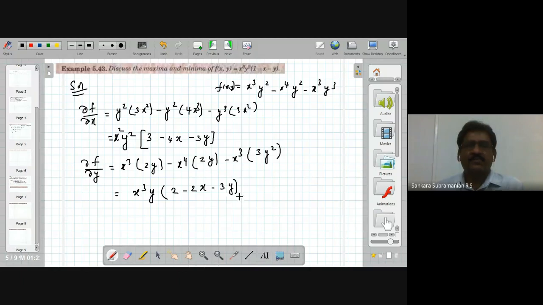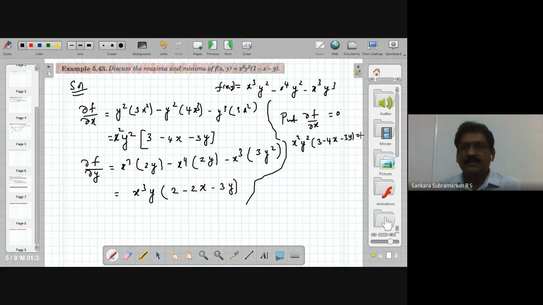Now I want to substitute, put dou f by dou x equal to 0. So which means x square y square into 3 minus 4x minus 3y equal to 0.